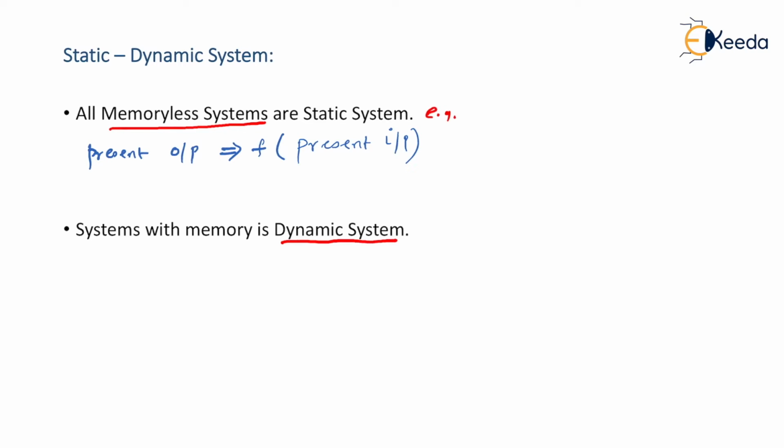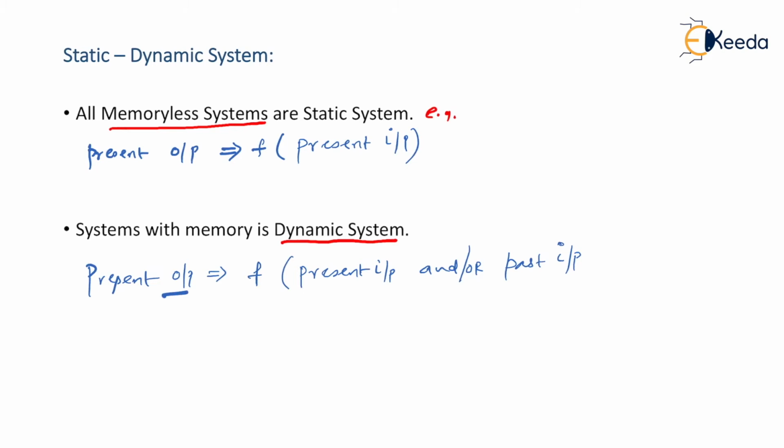For example, if your present output is a function of present input and or past input, then as you can see, the present output is not only a function of the present input.